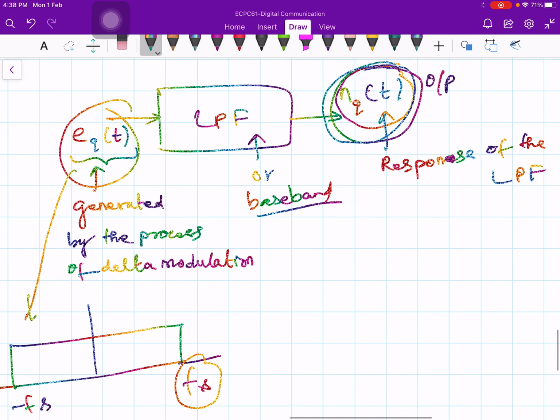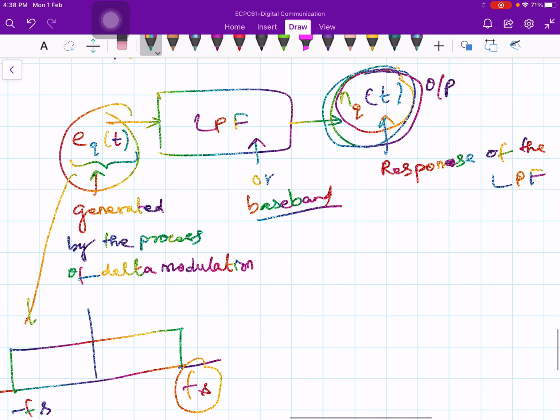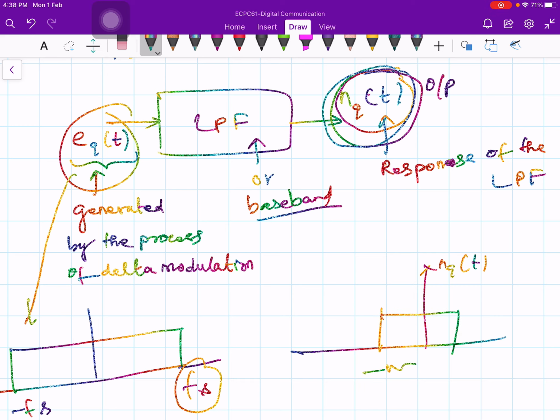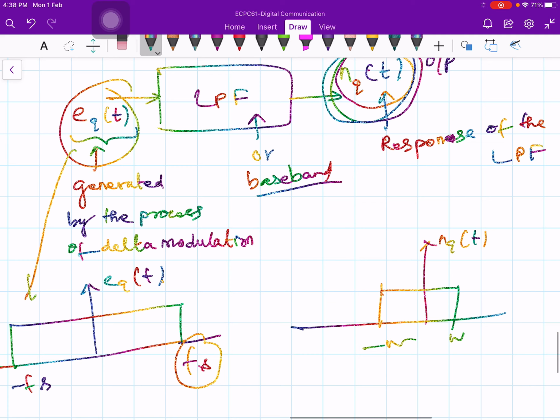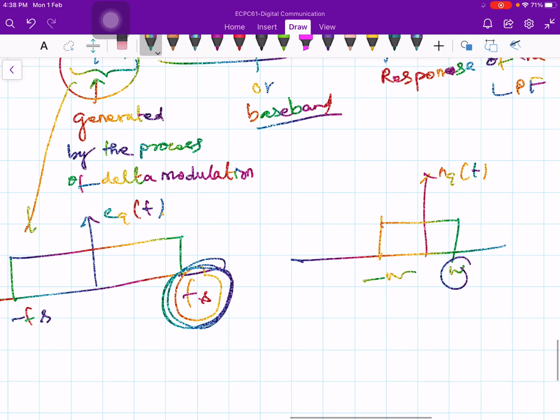But the output of your low pass filter has the cutoff frequency of W. Therefore, your n suffix q of t has the range from minus W to plus W, and this is e suffix q of t, noise. Therefore, this n suffix q of t has a bandwidth equal to W, whereas this e suffix q of t has a bandwidth given by F suffix s. So this is the essential difference between e suffix q of t and n suffix q of t.